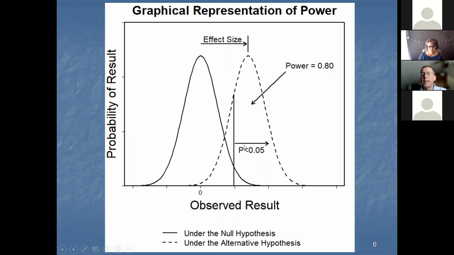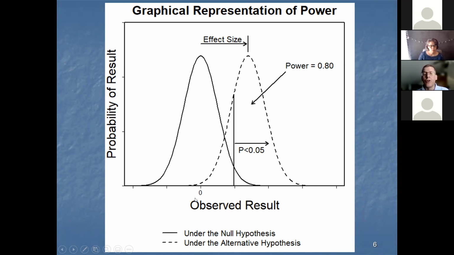Okay, so anything that is to the right of this line is going to lead me to reject that null, to say that I have sufficient evidence to reject that the actual value is 0. Okay, so this is anchored to the shape of this null distribution, again, such that I have 2.5% in this upper tail. Okay, so I do have this alternative distribution.